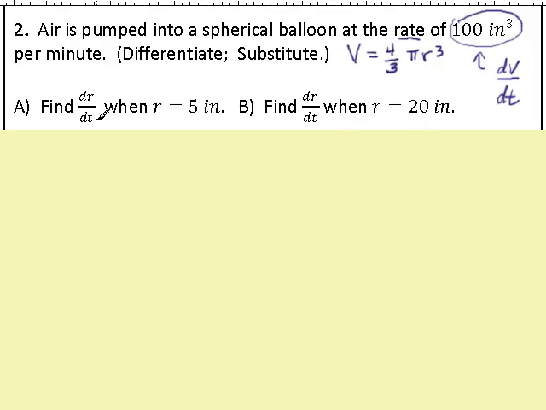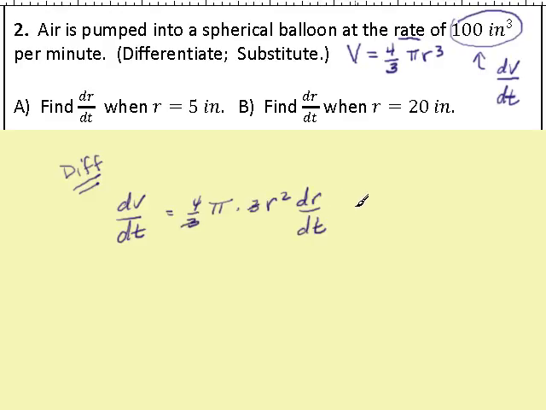Now we want to find dr/dt. So it would be nice if we had an equation containing dV/dt and dr/dt. We're going to get that equation by just differentiating. So our first step here will be to differentiate, and then we'll substitute in the given values like the 100 and the 5. So first let's differentiate V like we did in the previous example, and we get dV/dt equals 4/3 pi times 3r squared dr/dt.